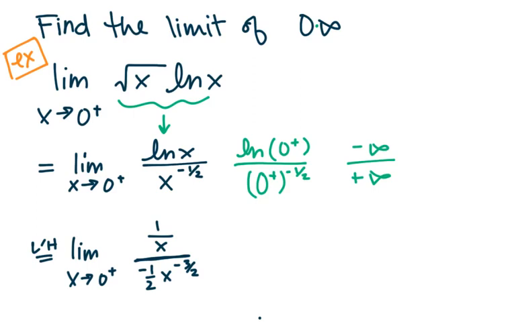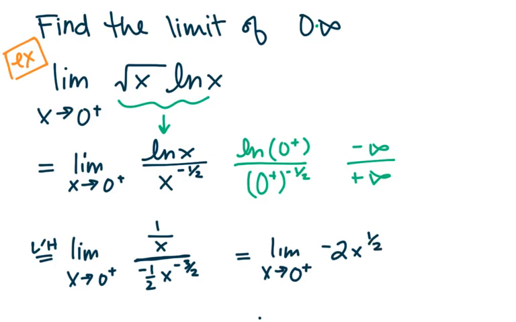Now this is a real clunky, ugly expression that I've circled right here, but with some basic algebra, we can clean that up. I'm not applying L'Hopital's rule here. When I simplify that, I get negative 2x to the 1/2.